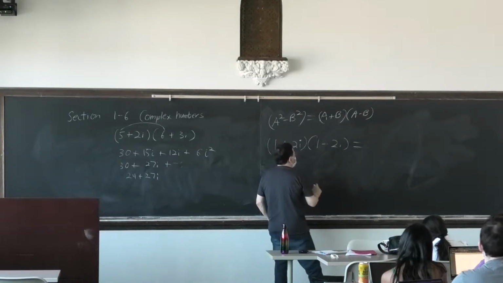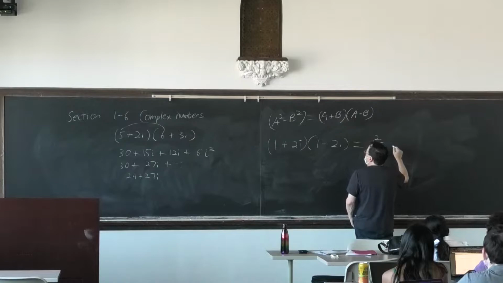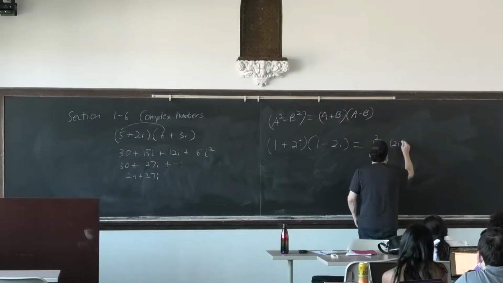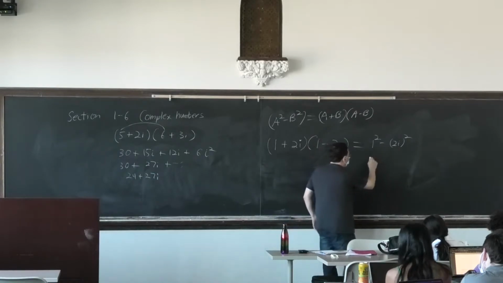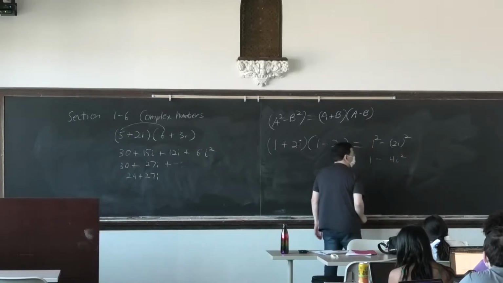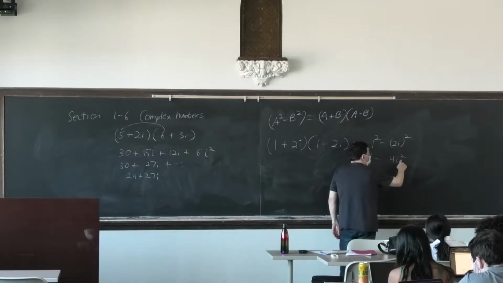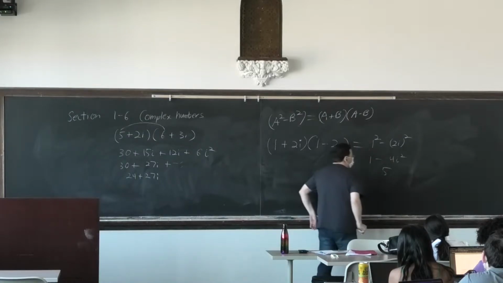Using my pattern here, that tells me this is 1 squared minus 2i squared. Let's work that through. This is 1 minus 4i squared. i squared is minus 1, so this is really 1 plus 4, or 5.